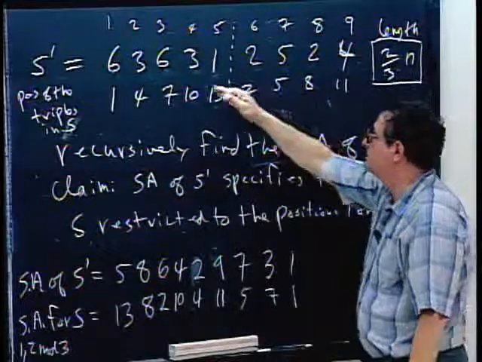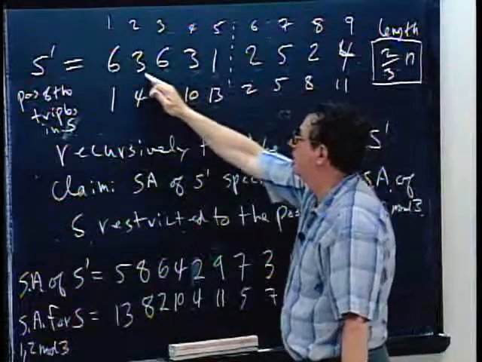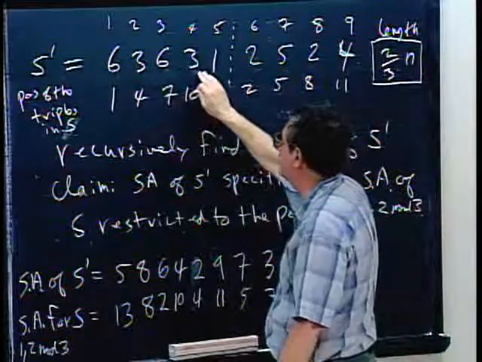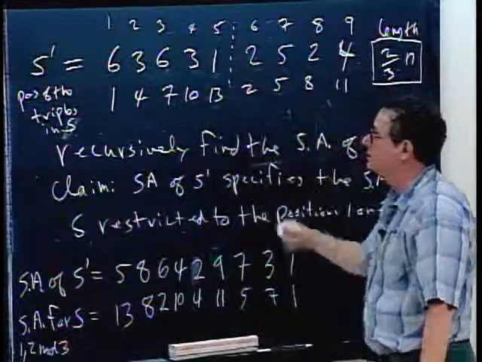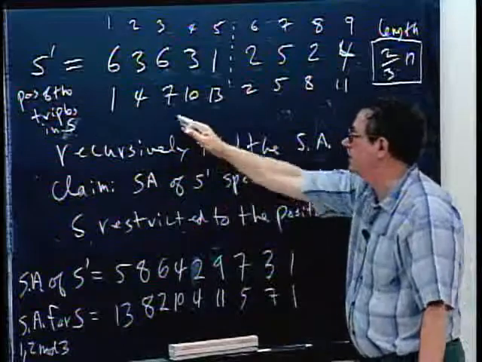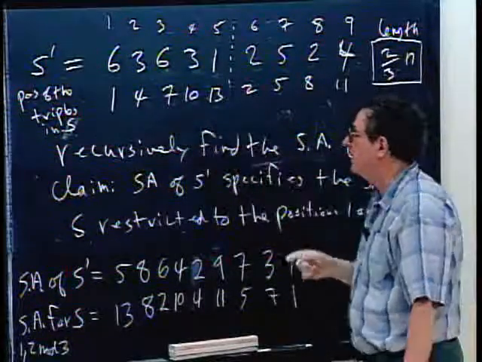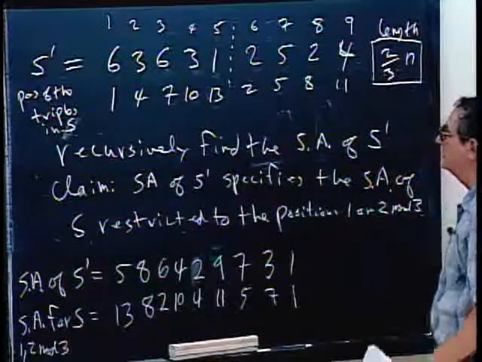So where one substring is lexicographically smaller in S prime, its corresponding substring starting at the corresponding position in S is lexicographically smaller. With one caveat.